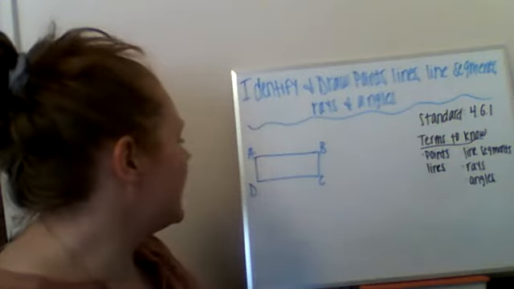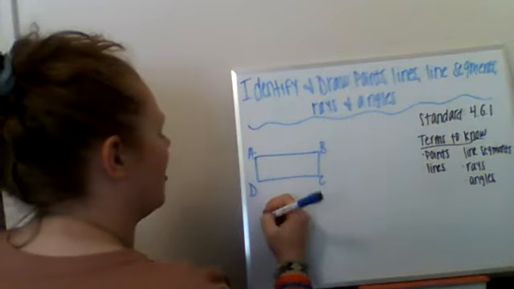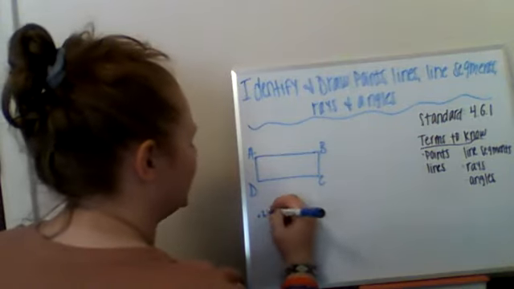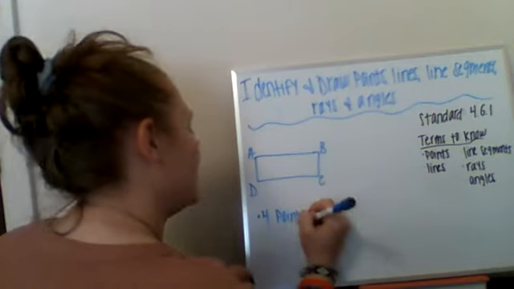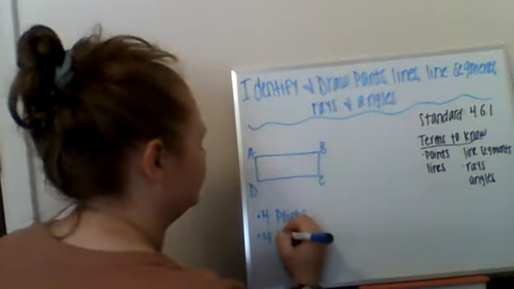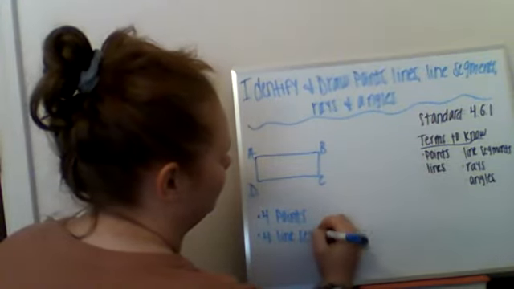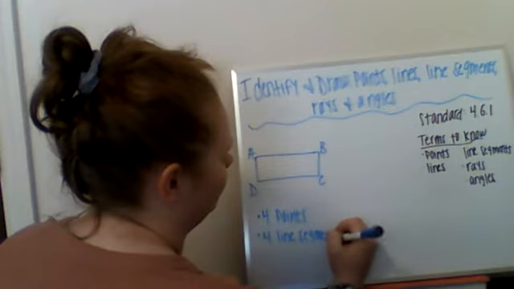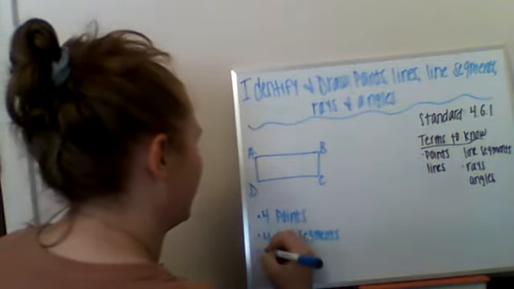Okay, so if I look at this figure right here, I can see that there are 4 points, I see that there are 4 line segments. And I see that there are 4 angles.